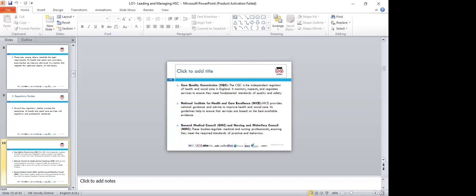Then we have the General Medical Council. Very important. What do you understand by the General Medical Council? From what I can see here, because I haven't heard about them before, it regulates medical and nursing professionals. Yes, but not nursing, because two things have been added together. You look at the General Medical Council and the Nursing and Midwifery Council, the NMC.